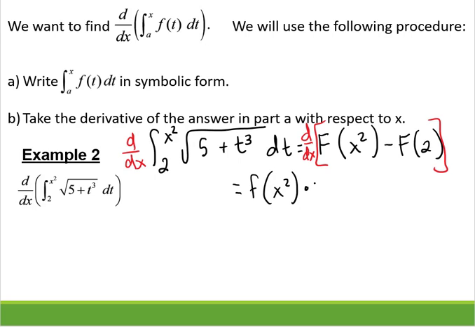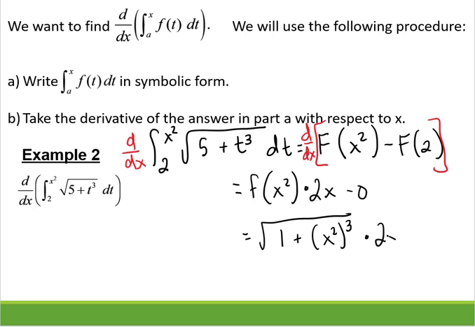Minus big F of 2, well, that's going to be 0. So then this whole thing equals, all right, I have this function here, 1 plus x squared to the third power times 2x, written another way, 1 plus x to a power, I multiply my exponents, we get that.